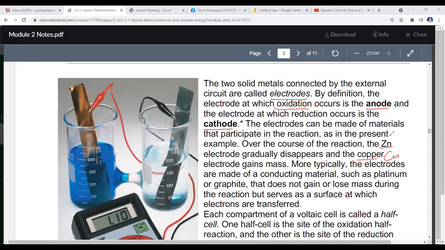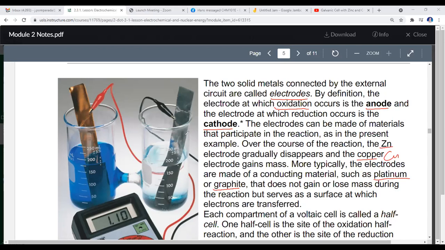In this case, we can use platinum or graphite. These do not gain or lose mass during the reaction, but serve as a surface at which electrons are transferred.